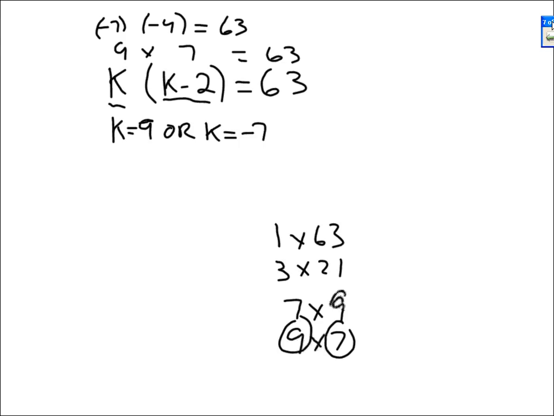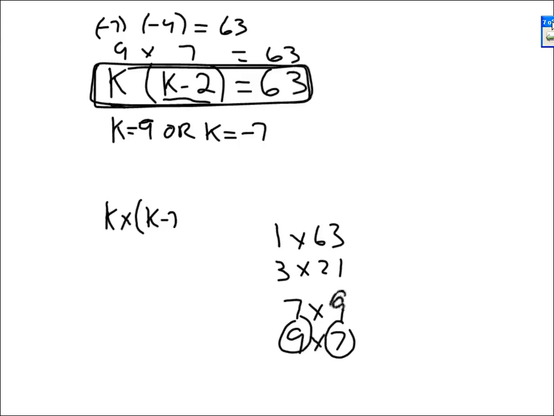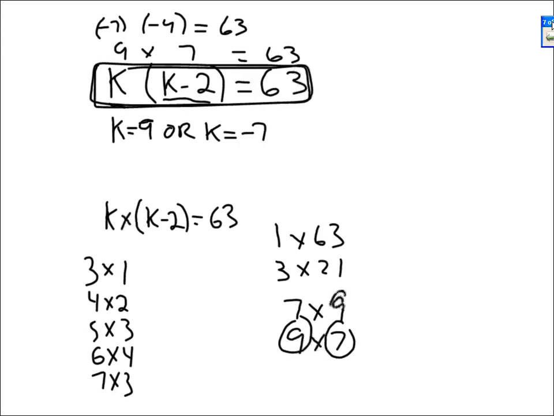And this is a complete understanding of this initial problem. You can say in words what it's asking. You have a number and you multiply it by 2 less. You get 63. You can say 3 times 2 less, 4 times 2 less, 5 times 2 less, 6 times 2 less, 7 times 2 less, which is 5, 8 times 2 less, 9 times 2 less, and there it is, that's 63.